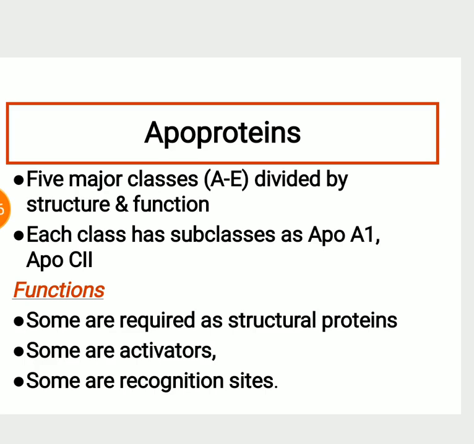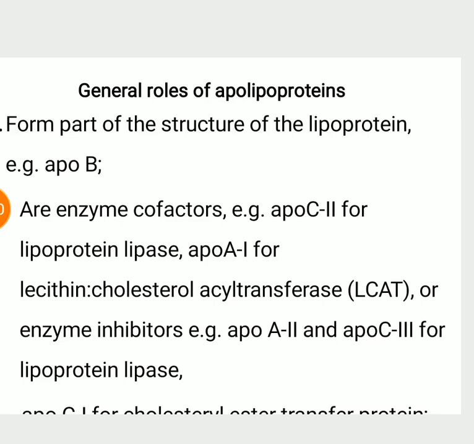For example, ApoC2 and ApoC1 activate what we call lipoprotein lipase, while others can act as inhibitors, that is ApoA2 and ApoC3. They inhibit lipoprotein lipase. Then they also act as recognition sites.